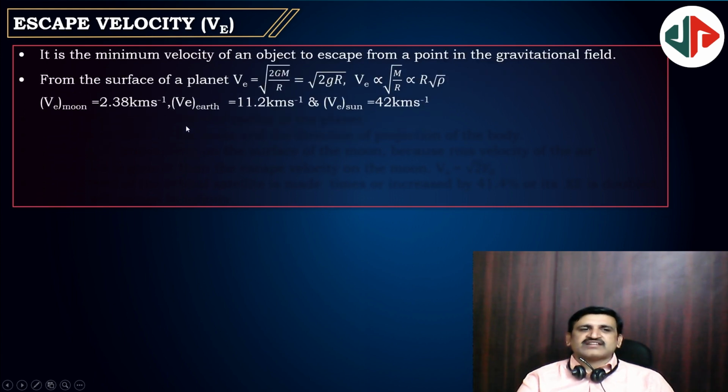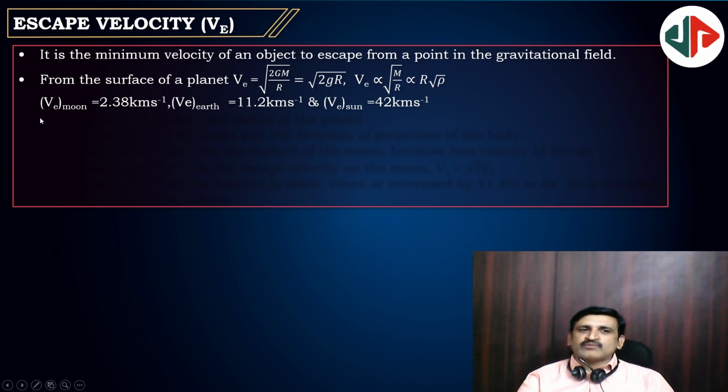Escape velocity: to escape from the gravitational field, we need to supply a velocity square root of 2GM by r. That is GM by r for the surface satellite, orbital velocity. This is escape velocity, and this is equal to root 2gR, and escape velocity equal to root over 2GM by R, or R root rho. Escape velocity is proportional to R root rho.